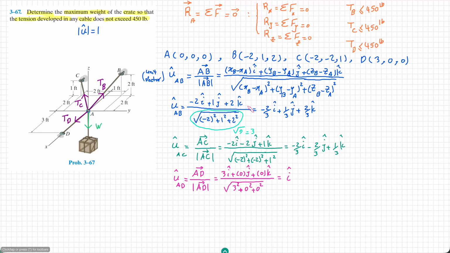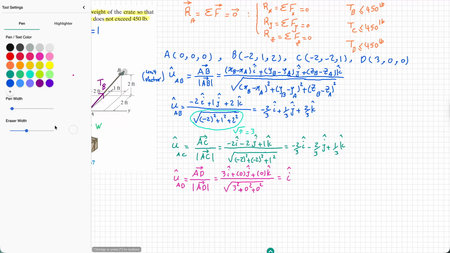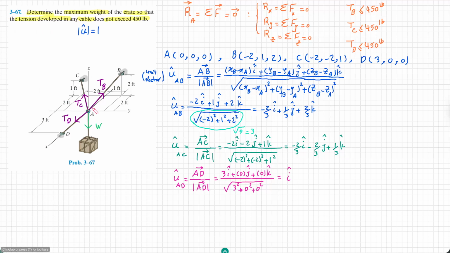Okay. After finding this, now I have to go back to these 3 equations. Because I need to write every vector, let me show you. If I use this to find TB, TB as a vector should be the value of TB times the unit vector of the AB direction, u hat AB.